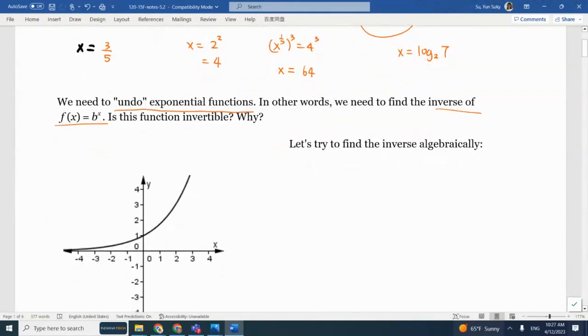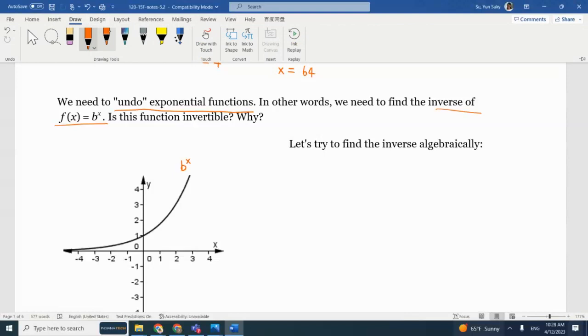So we want to undo the exponential function. So we want to find the inverse of the exponential function. So you know this is b to the x, right? Everybody, we just learned it is an increasing function, looks like that, right? And how do we find the inverse?